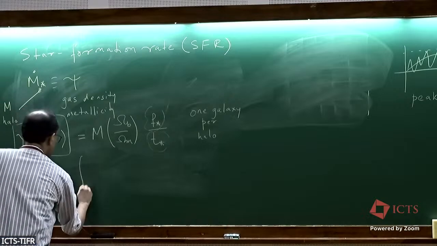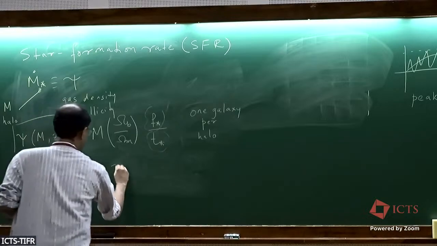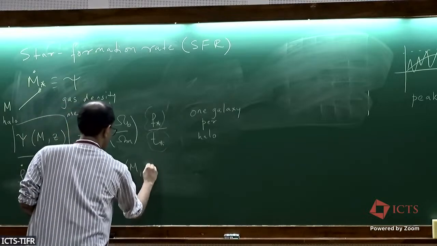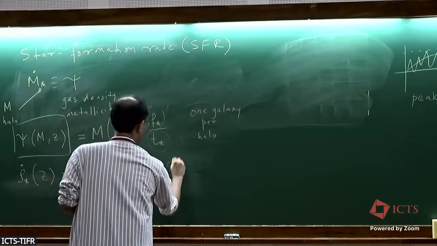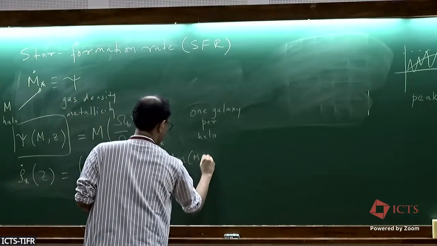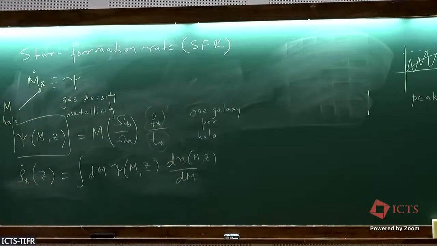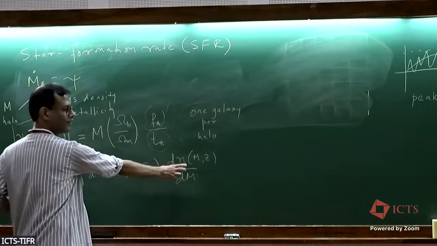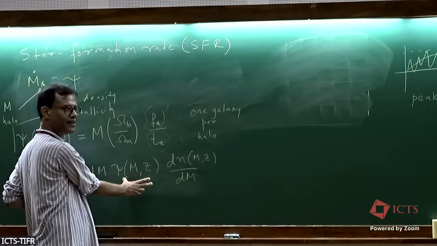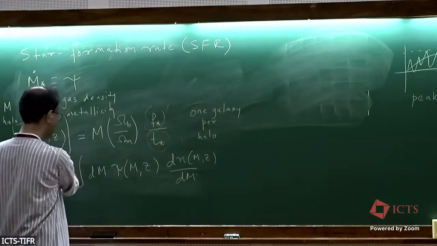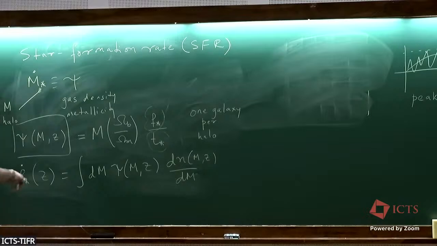That will be basically the integral of dM psi(M, z) dn/dM. So our halo mass function is back again. I have to count the number of halos, in each halo see what the star formation rate is, and integrate over all of them. And you can convince yourself that this is indeed mass per unit time per unit volume.